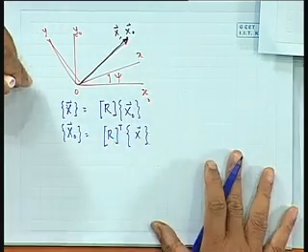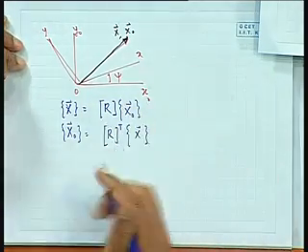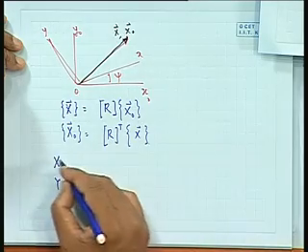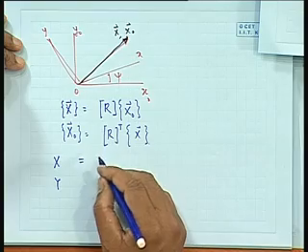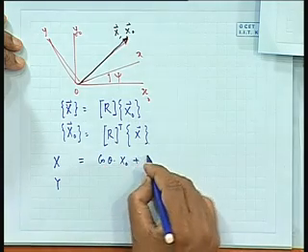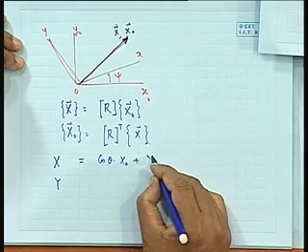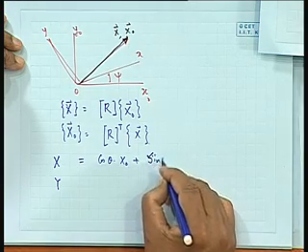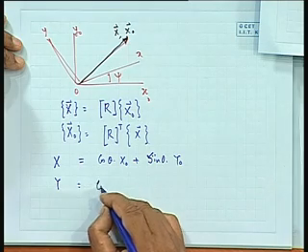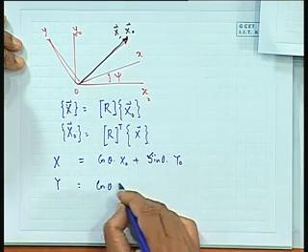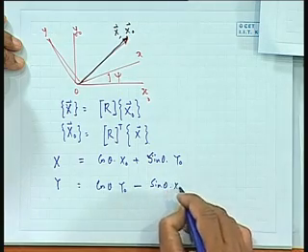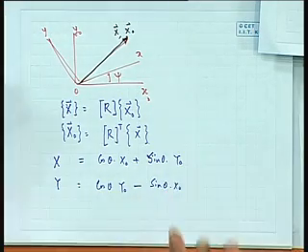Let me not get into that so much, but I will just give an example of what happens. Our x and y will become equal to cos theta into x0 plus sin theta into y0, and cos theta into y0 minus sin theta into x0.